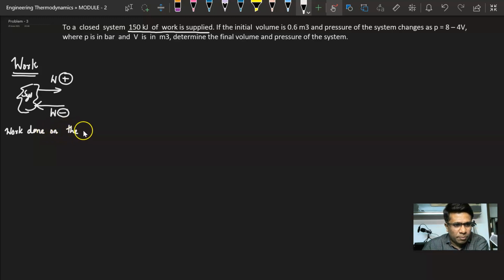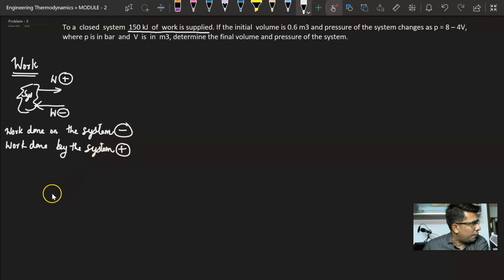on the system is taken as negative and work done by the system is taken as positive.